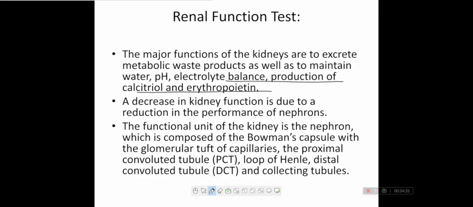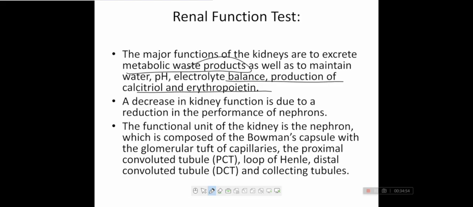So the major function of the kidney is basically to excrete metabolic waste products and maintain the water, pH, electrolyte balance, right?